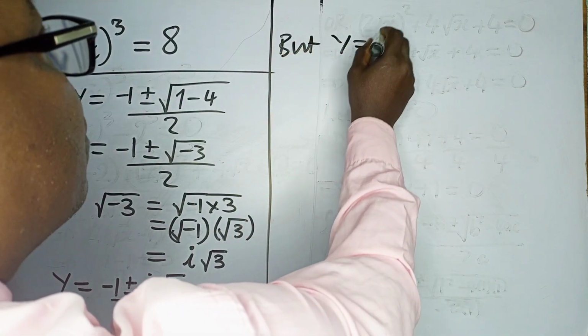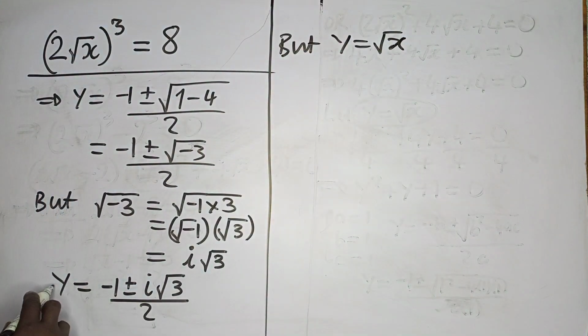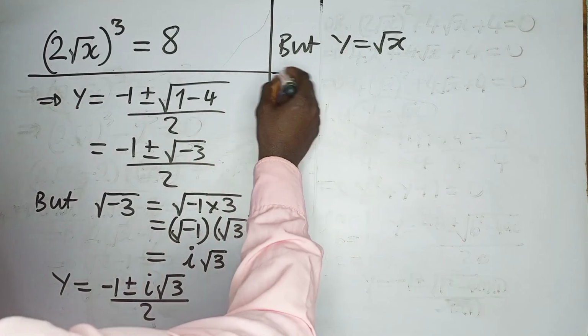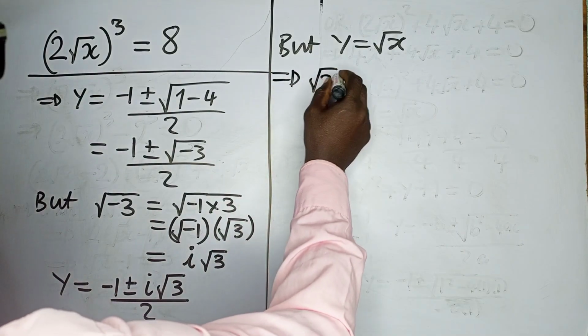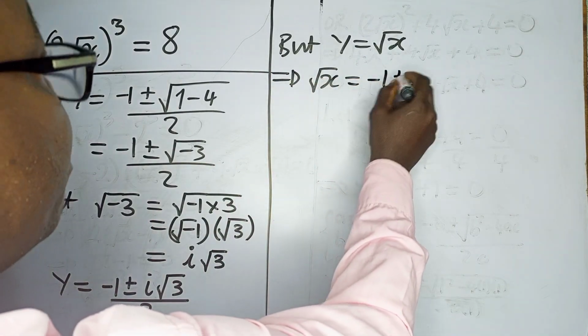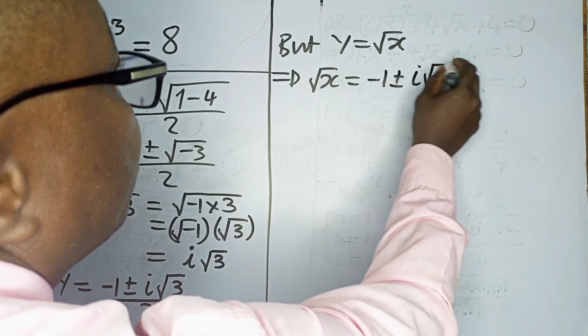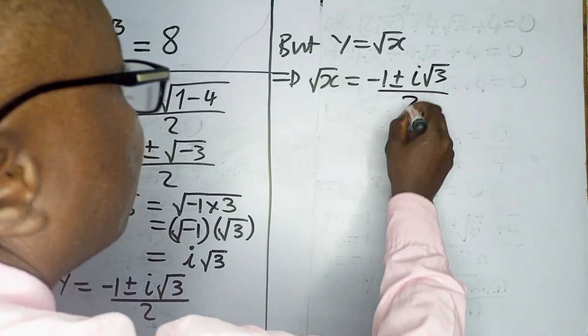Y is root x. So in place of y here, we're going to put root x. This therefore means root x is equal to minus 1 plus or minus i root 3, all over 2.